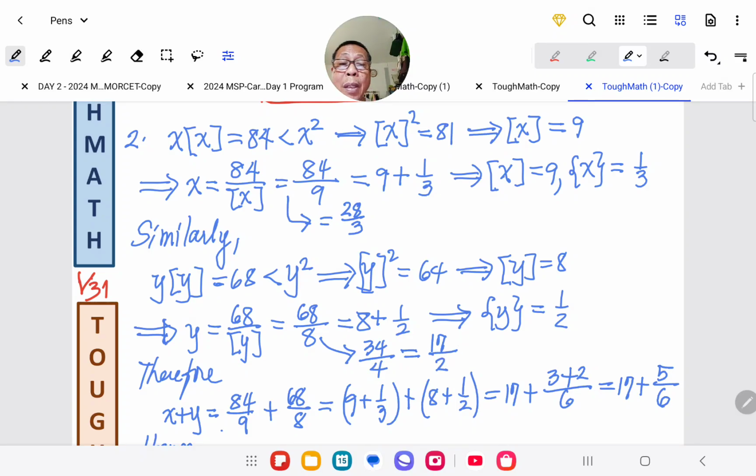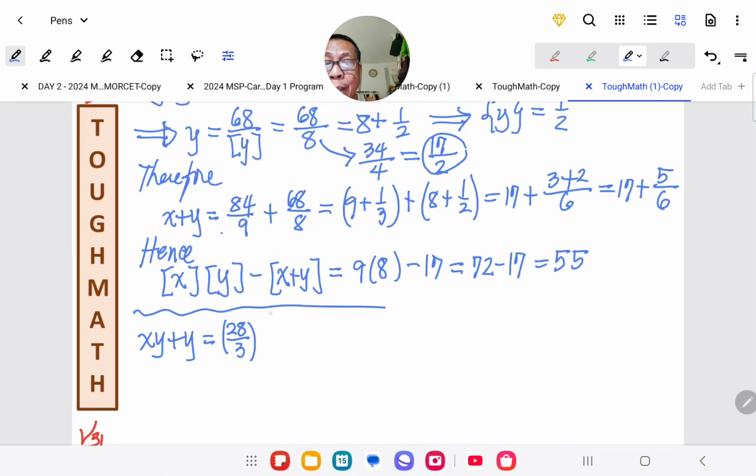So we can use these smaller numbers instead of the bigger numbers.